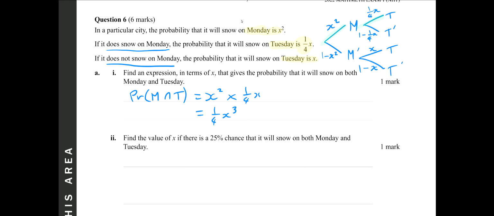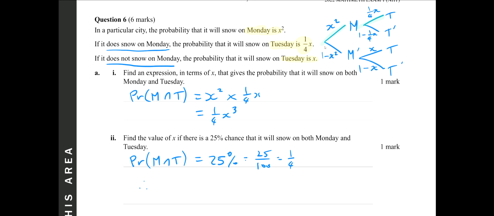Find the value of x if there is a 25% chance that it will snow on both Monday and Tuesday. So it's the exact same probability, but now they're telling us it is 25%. So Pr of M intersection T is equal to 25%. Now 25% is the same, of course, as 25 over 100, which simplifies nice and easily to 1/4.